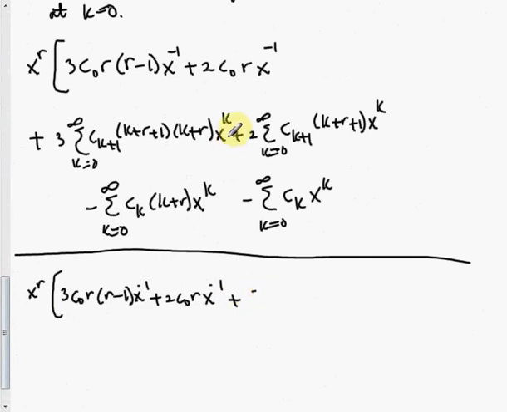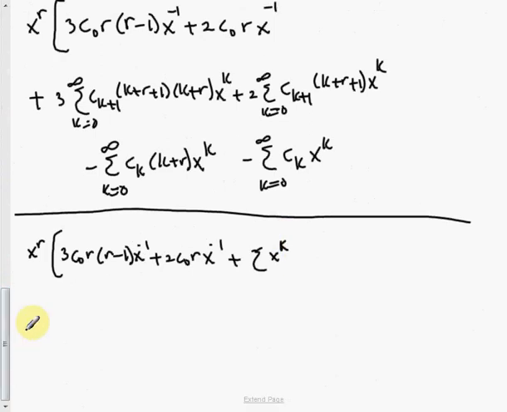We're going to factor out this x to the k now because they're all starting at k equal to 0. So this is the summation here of this x to the k.